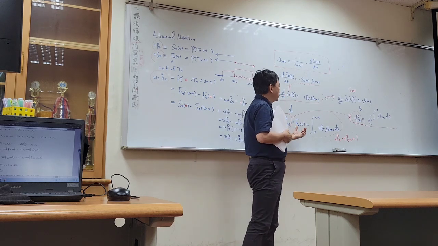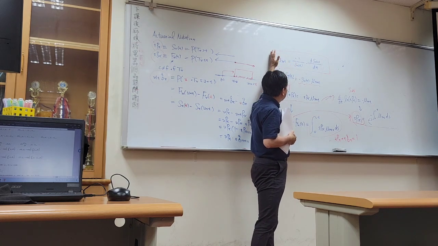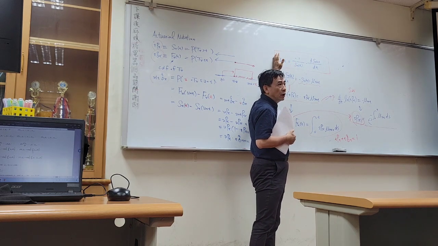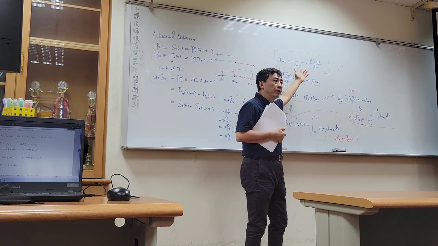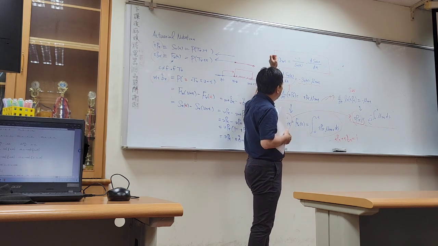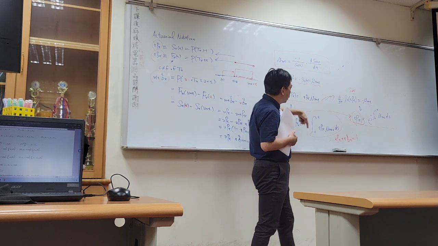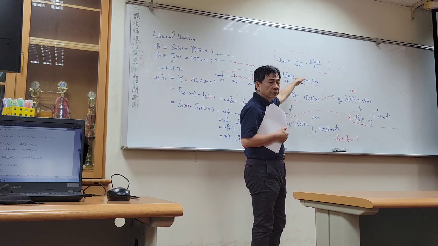You just need to memorize a little bit, but it all comes from here. This is very important, so please pay attention. I would suggest you go through the proof of this.